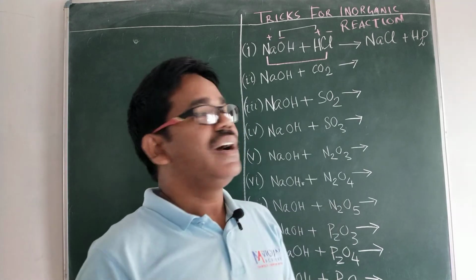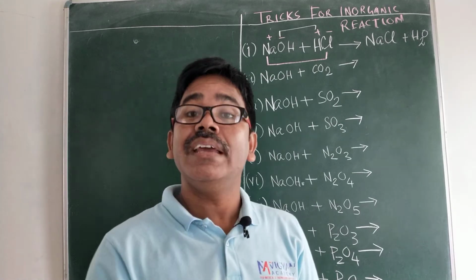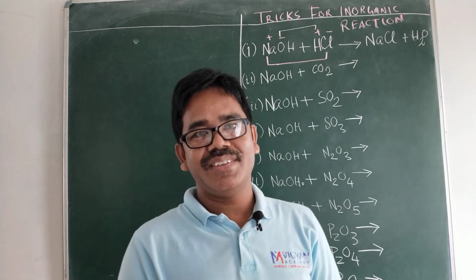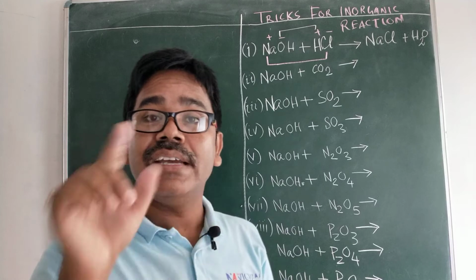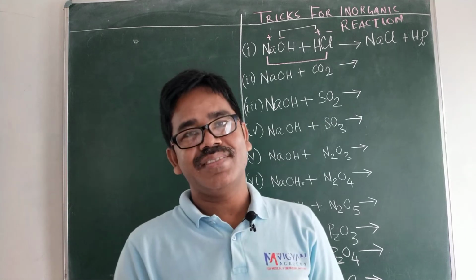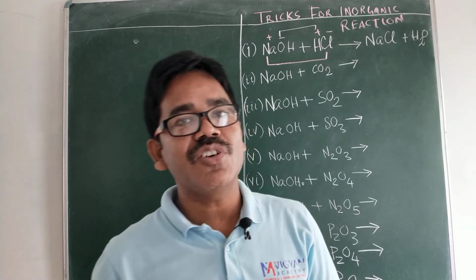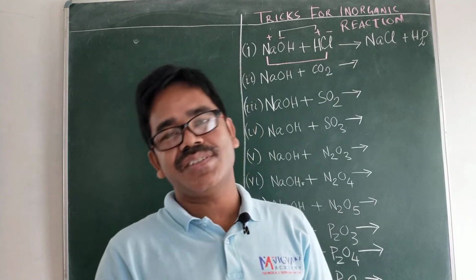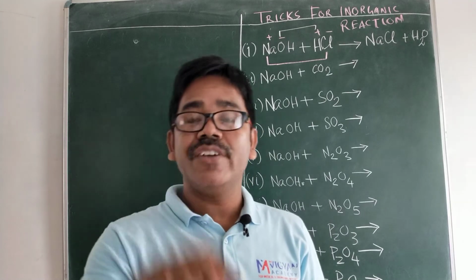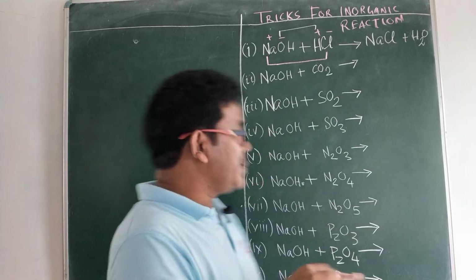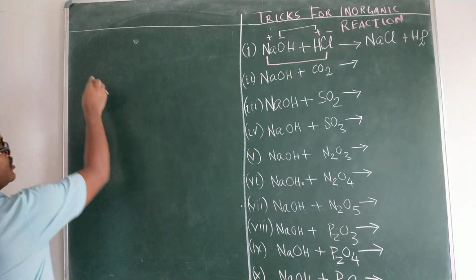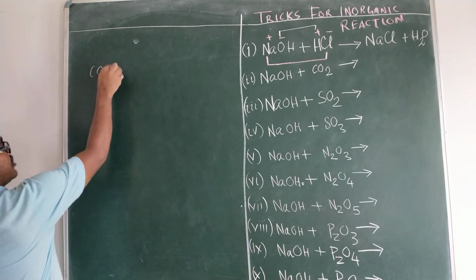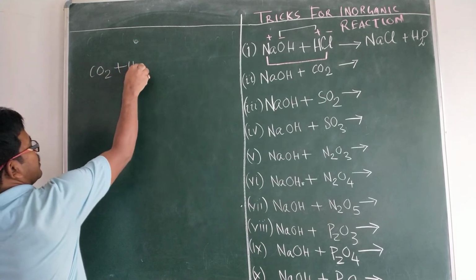Similarly, you know that hydrochloric acid, we say acid in aqueous medium, in water. But if I say HCl gaseous, it is not acid. HCl gaseous is not acid. Similarly, this carbon dioxide gaseous is not acid. Carbon dioxide when dissolved in water, what happens? You see, when you dissolve carbon dioxide in water, what will happen?